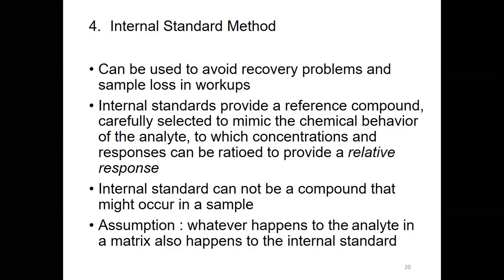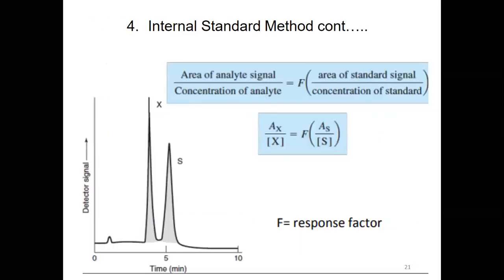So suppose we have a chromatogram, right? And the analyte and the standard will give peaks. I will show you here. We have X, the unknown signal, and S, the standard signal. The area of the analyte is proportional to the concentration of the analyte, and the area of the standard is proportional to the concentration of the standard.